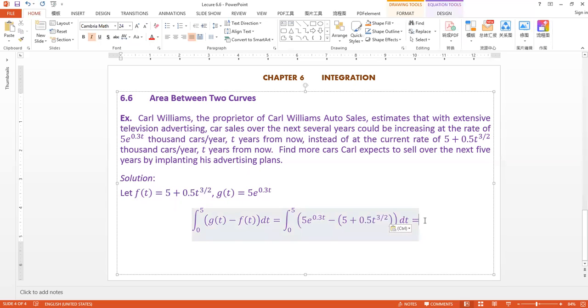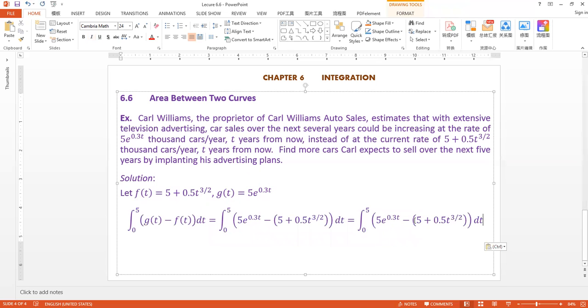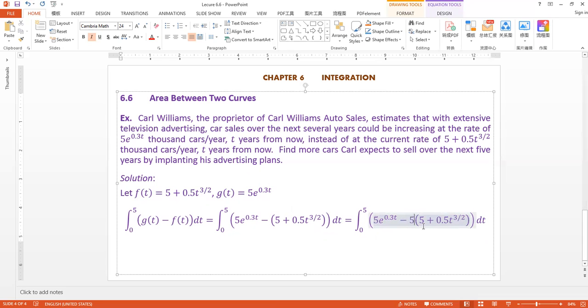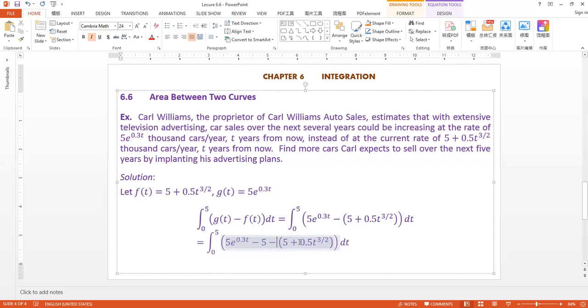It's not a difficult problem. So let me just copy the whole thing. So why don't we just distribute the negative sign in the second term. Okay, get everything anyway.